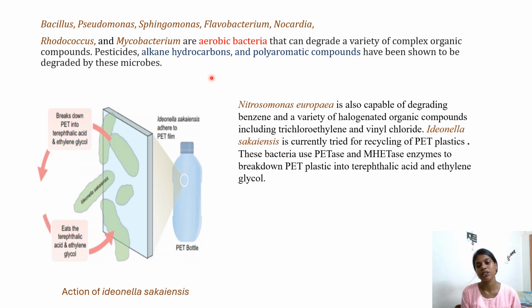These bacteria use PETase, the polyethylene terephthalate enzyme, and also MHETase, the mono-2-hydroxyethyl terephthalate enzyme, which can break down this plastic into terephthalic acid and ethylene glycol, two compounds which are less toxic. These are some of the examples through which bioremediation can be done in aerobic conditions.